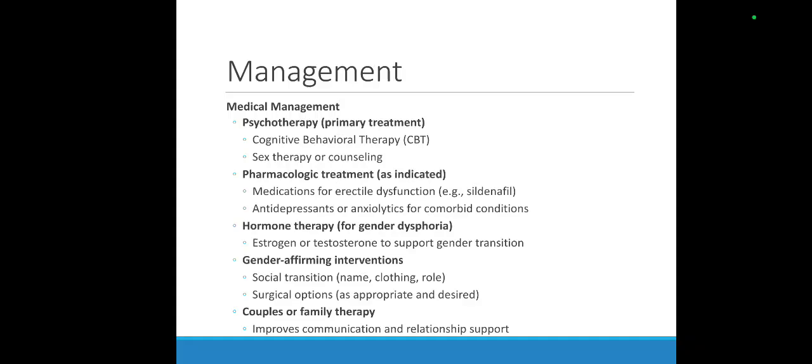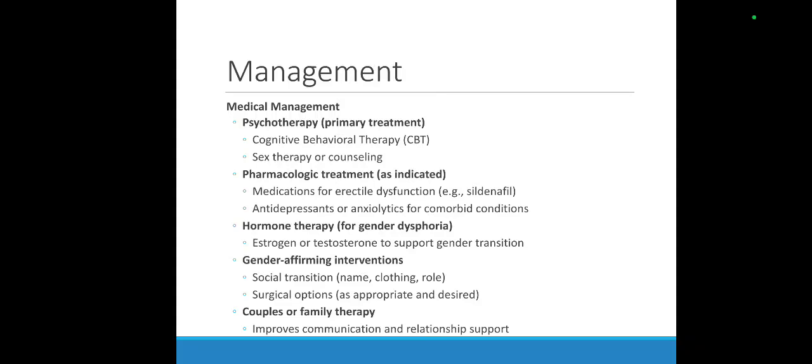Now, hormone therapy for gender dysphoria, especially estrogen or testosterone to support gender transition. But again, not all are very supportive, no? Depending on the state or depending on the country that we are living in right now. And then for your gender affirming interventions such as social transition or surgical options.